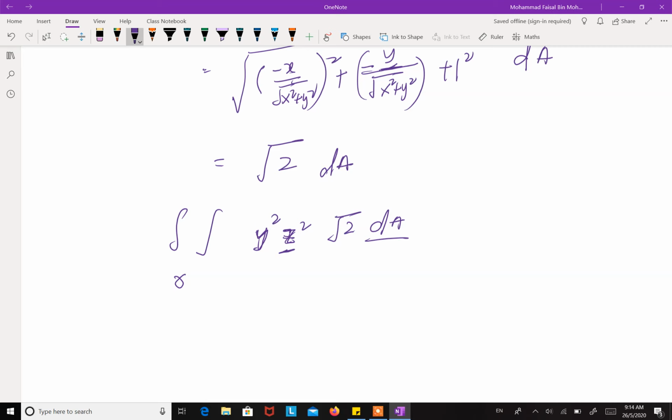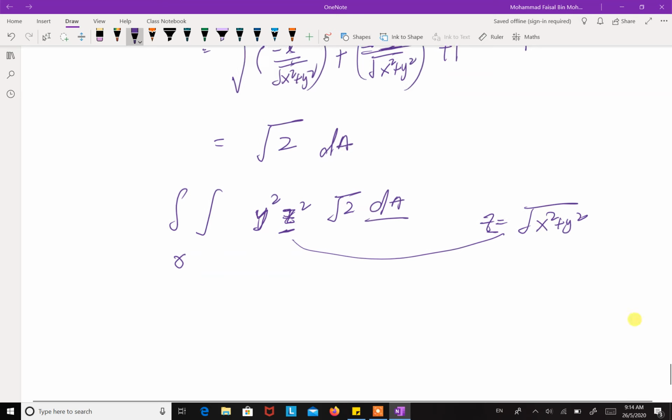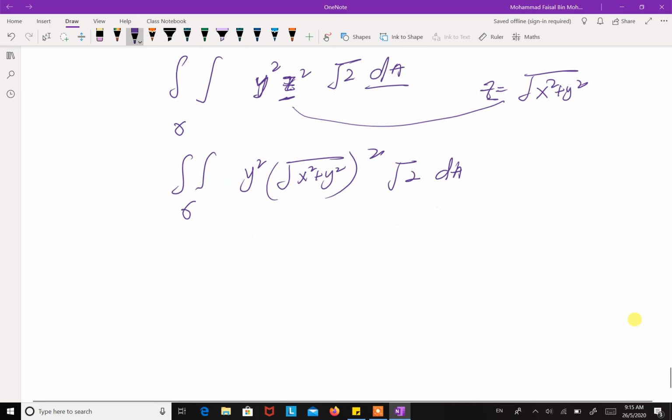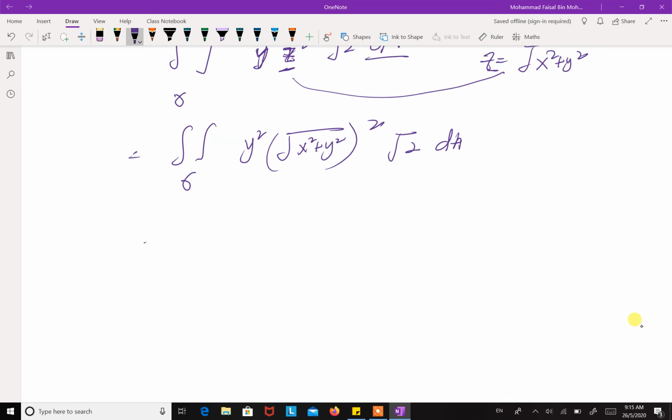Thus z equals square root x squared plus y squared from the cone will be substituted into this equation. So you will get the integration of y squared times square root of x squared plus y squared, squared, times square root 2 dA. This square root 2 can be taken outside.